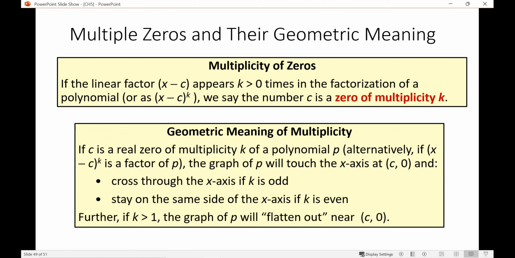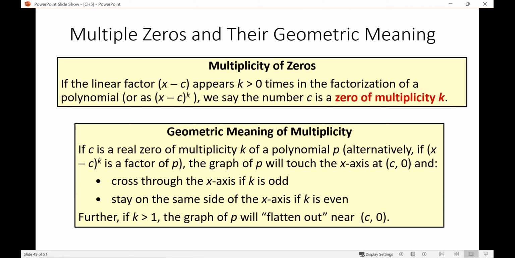If it's even, we're going to stay on the same side. So I think it was 5.1 where we had 3 factors, but it only actually crossed the x-axis once, and it just touched at another point. So if you have a repeat factor, it just touches and turns around, okay?